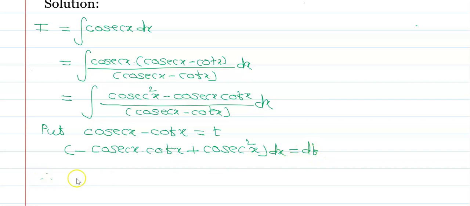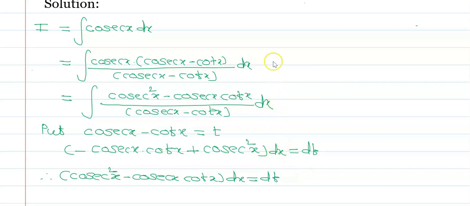Therefore, if we rearrange the terms, that is cosec square x minus cosec x into cot x, bracket complete, into dx, and that's equal to dt.